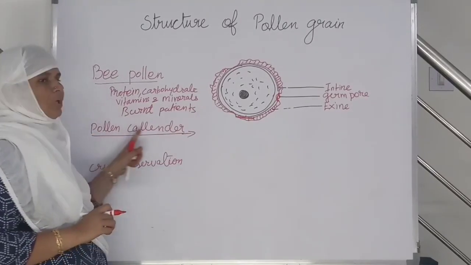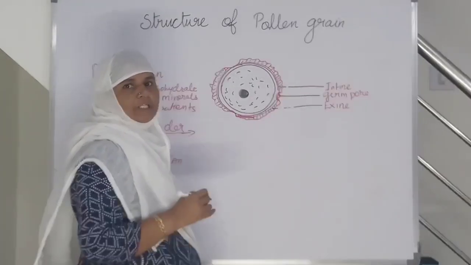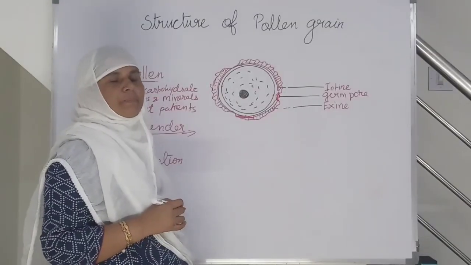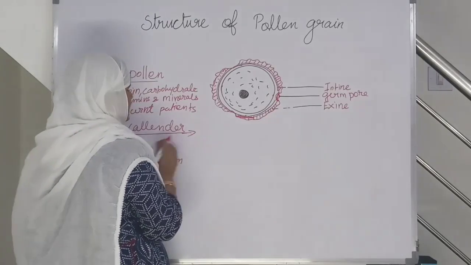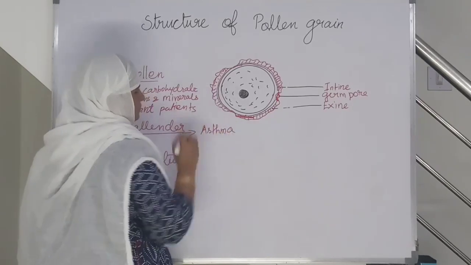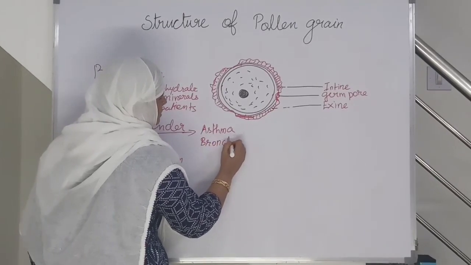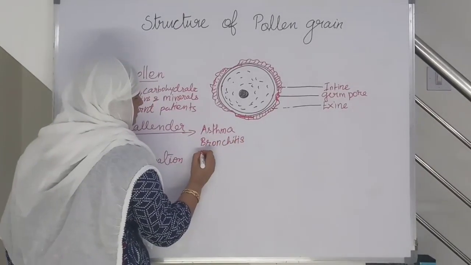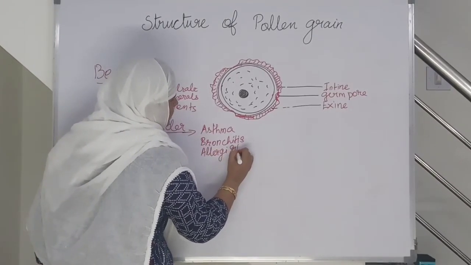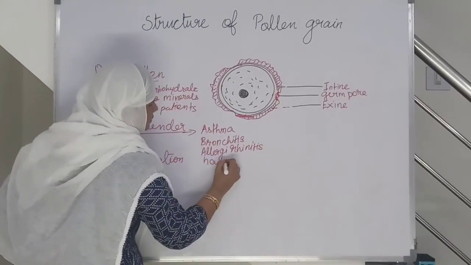Now we will see about the pollen calendar. It gives information regarding the pollen grains which are developed in different seasons by different plants, for allergic persons. In allergic persons, the pollen grain causes asthma, bronchitis, allergic rhinitis, hay fever.